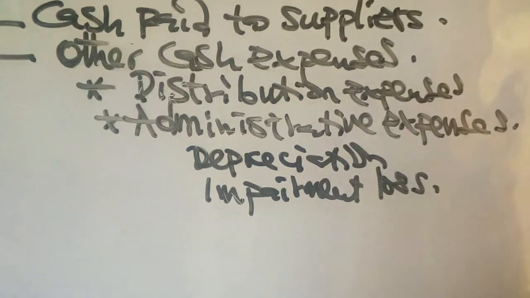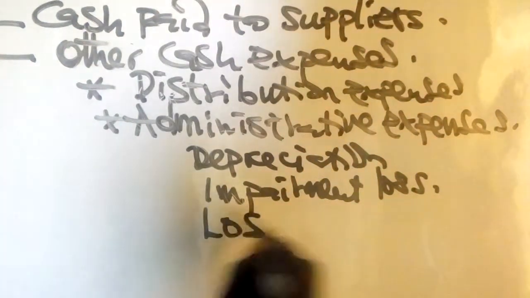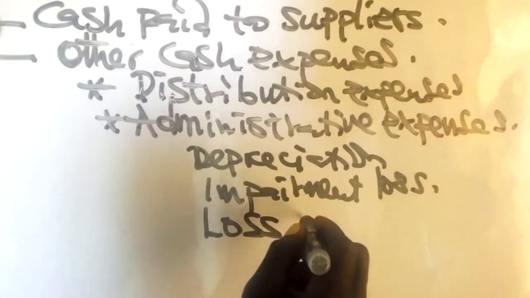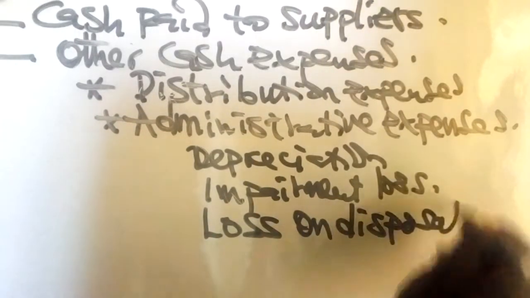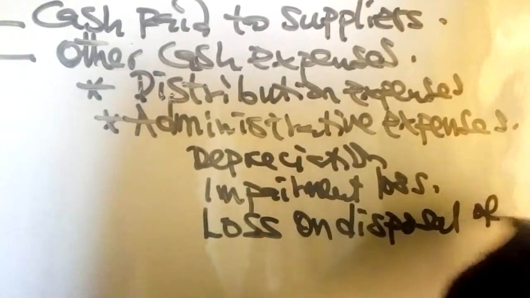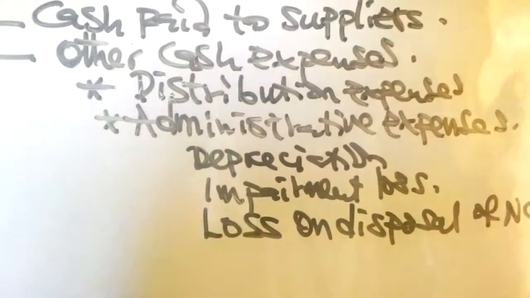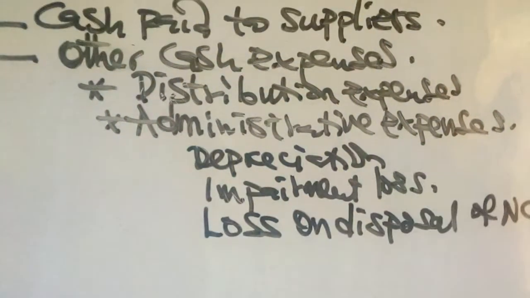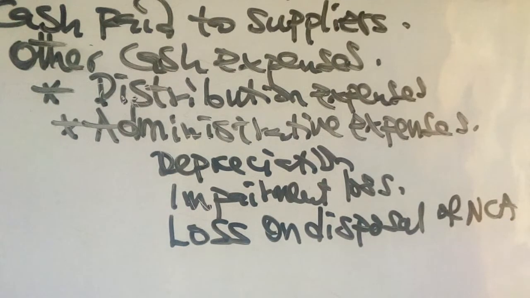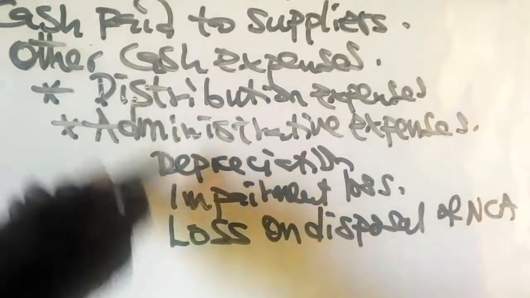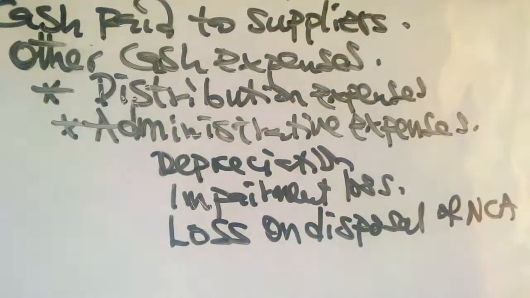Then when you have loss on disposal of non-current assets included in either distribution expenses or administrative expenses, and you want to convert from accruals to cash, you will need to remove it.